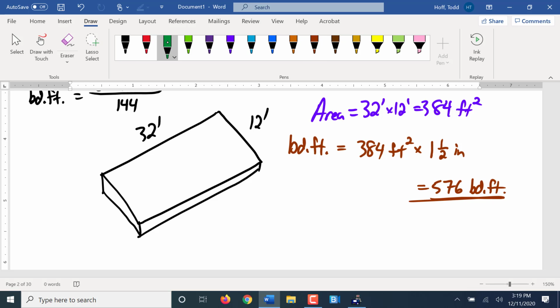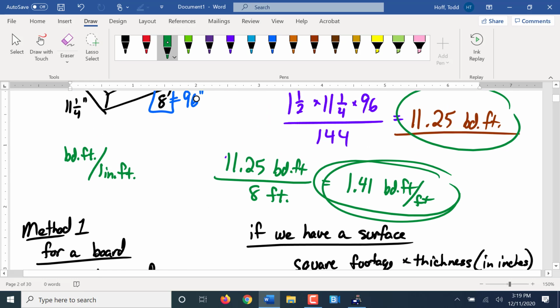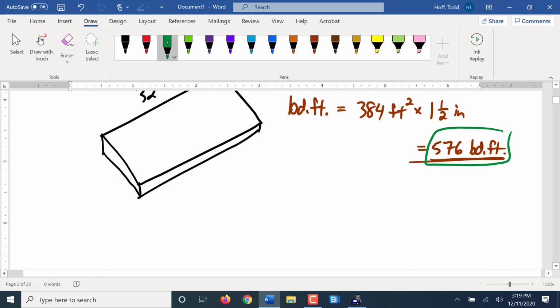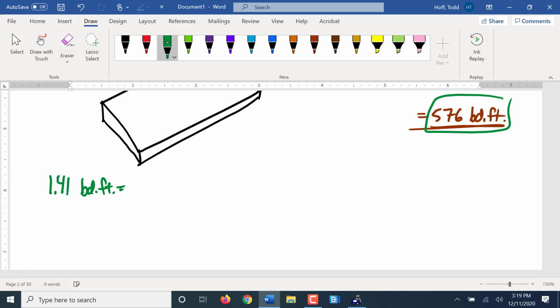If we want to figure out how many linear feet of that board we're going to use, we can take that board feet and use our conversion here. That conversion is saying 1.41 board feet equals 1 linear foot or 1 regular foot of board. So we can take our 576 board feet here, put it over 1.